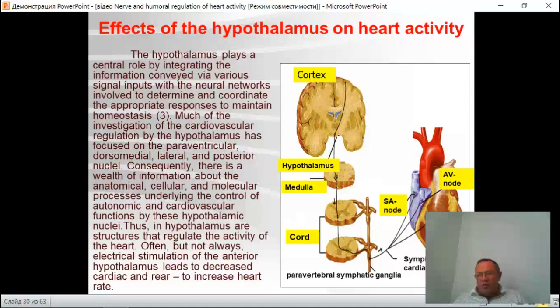Often, but not always, electrical stimulation of the anterior hypothalamus leads to decreased cardiac rate and rear to increased heart rate. Connection of the hypothalamus with different parts of the heart you can see on the scheme.